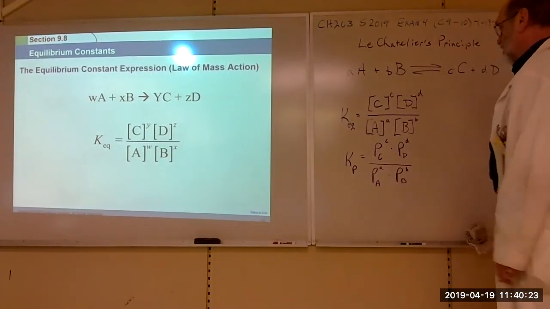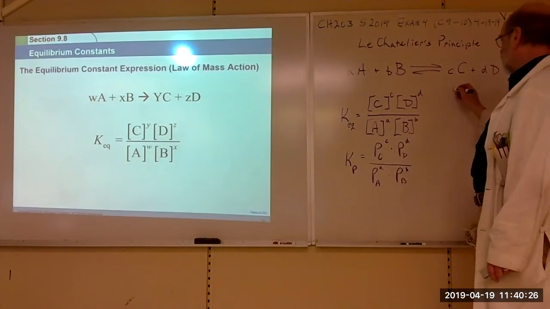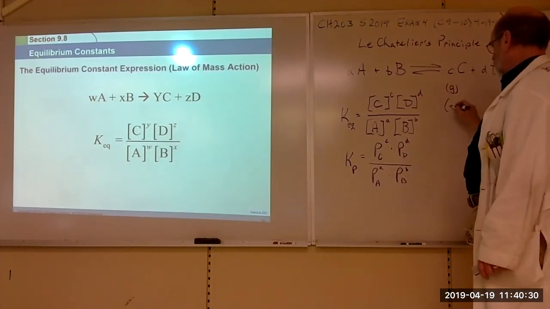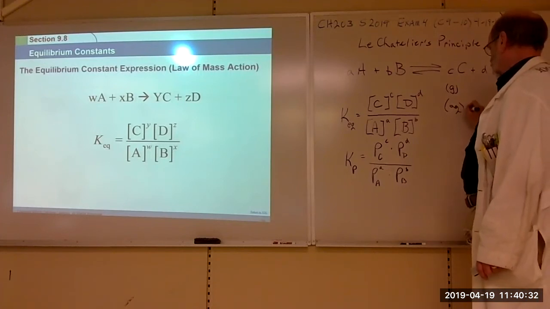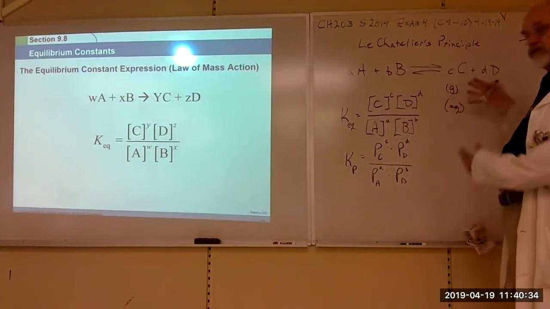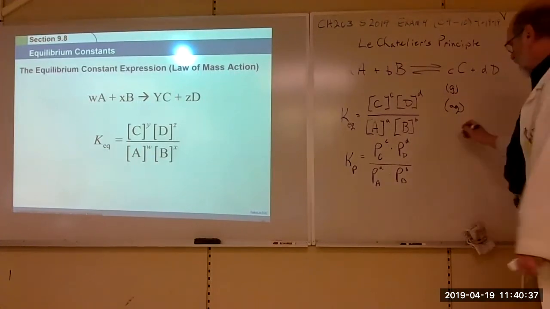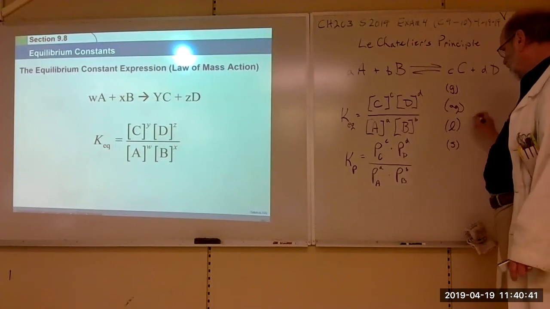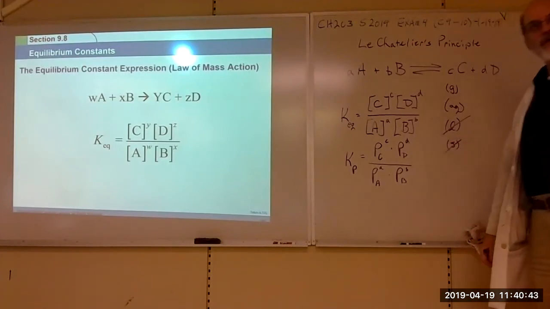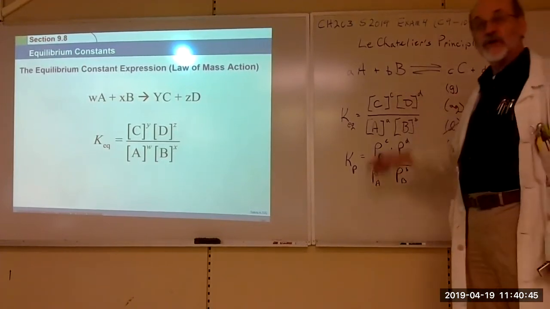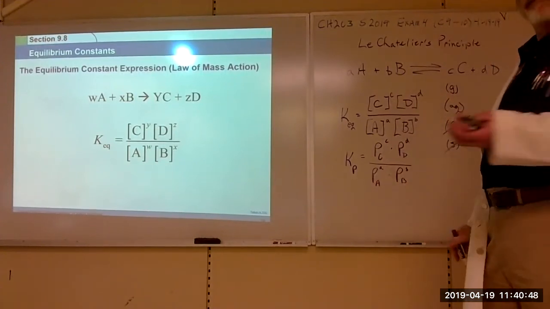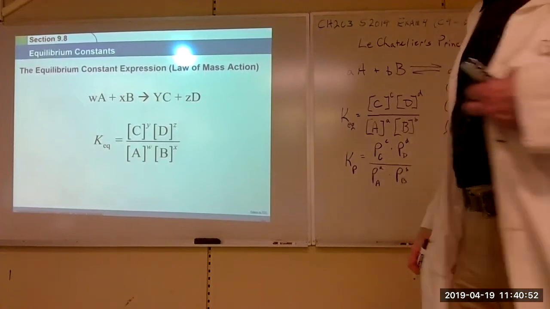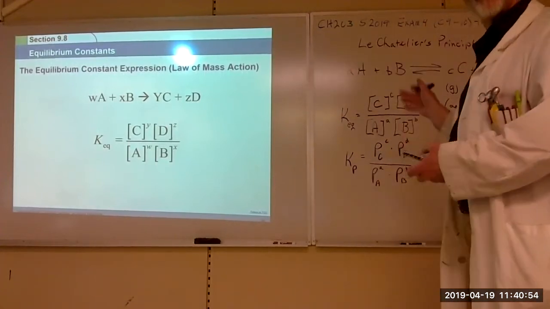For gases or solutions, in our case the aqueous solutions, use values. But if you have a pure liquid or a solid, those are not placed in the equation. Why? Let's start with solids. If a solid forms during a reaction, what's its concentration?